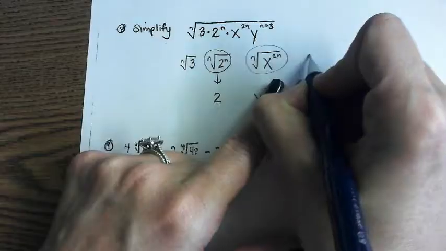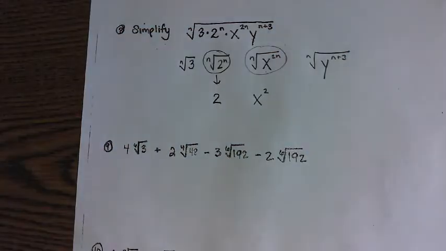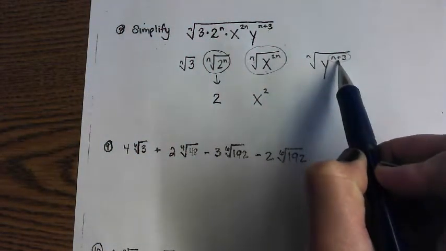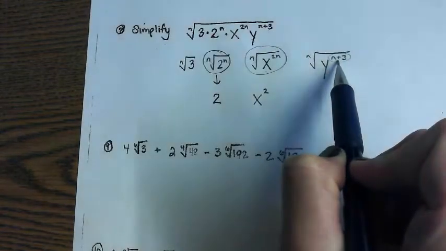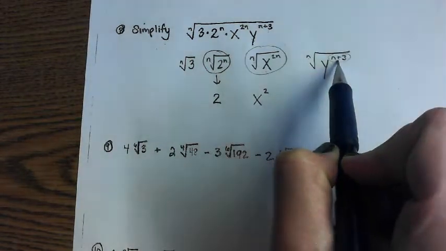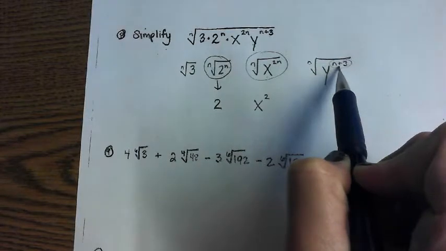And on your nth root of y to the n plus 3. Remember that if we can take the nth root of this, n needs to go into the exponent evenly. Does n go into n plus 3 evenly? Not really. Unless you knew n was 3, then that would work, but any other number that wouldn't work.